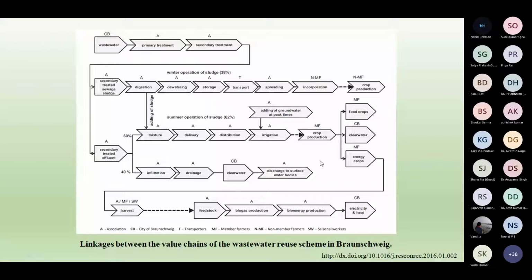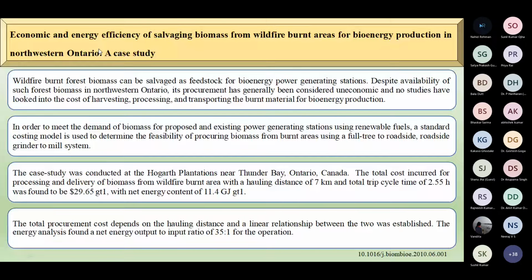This is another case study for the energy production by using the wildfire burnt areas. Wildfire burnt forest biomass can be used as a feedstock for bioenergy power generation stations.